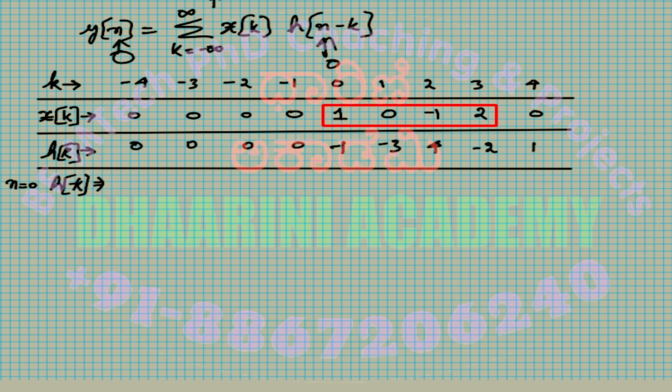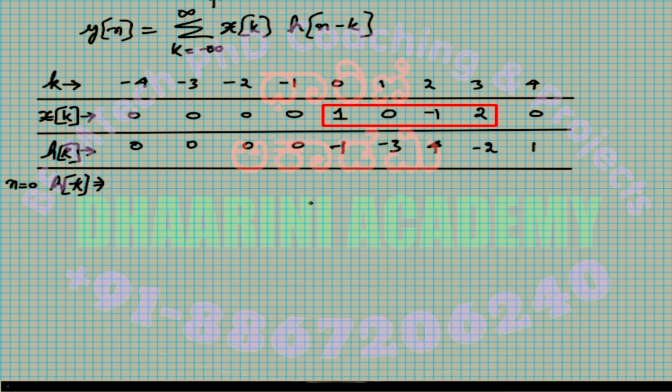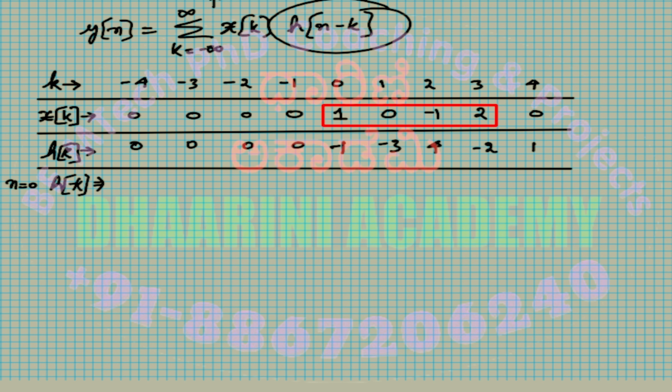So that means ultimately, if you want to calculate y of 0, that is your first sample of your answer, this has to be x of k into h of minus k, multiply and take the sum. So before I multiply, I just have to take care that this h of n minus k, I have to perform where n equal to 0.